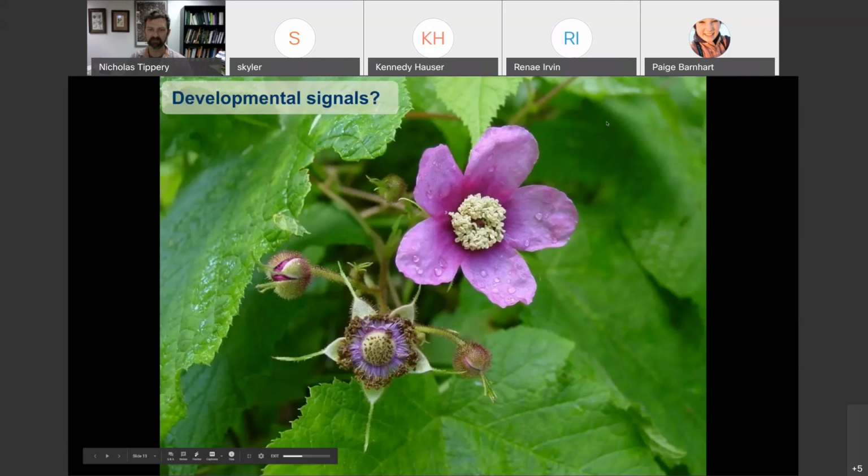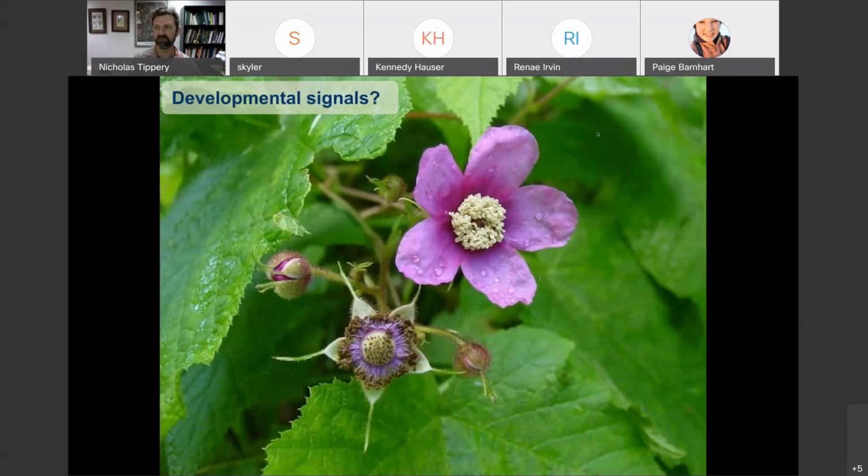So I chose this image just to show different parts in the life of a flower, right? So the plant got the signal to make flowers in the first place. That might be driven, as we saw way back when we talked about the initiation of reproductive growth, could be signaled by something like day length, plant size.